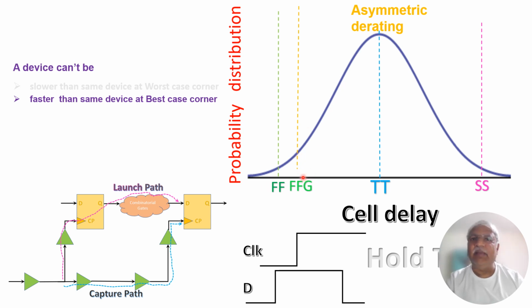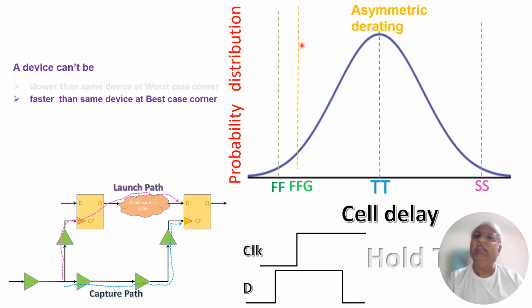That means if we consider this one, the devices can be faster than this in one situation, and some paths can experience delays which are slower than this one. If we take this as reference, there can be devices in the design which are faster than this, and some devices which are slower than this.